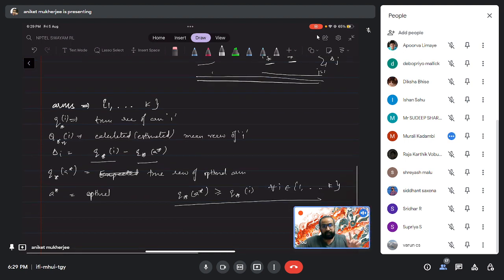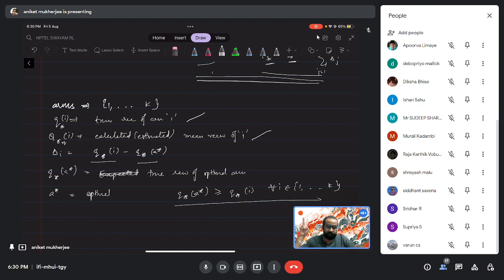Yeah, so in the case, yeah, go ahead. Aniket, there was one more, right? Small q of i is also there. Not small q star, but just small q of i. What does that represent? I think small q is small q star. You basically have the true value of the reward and capital Q is the estimated value.